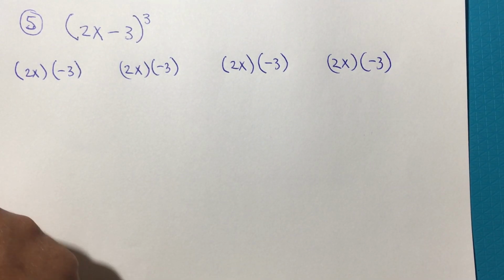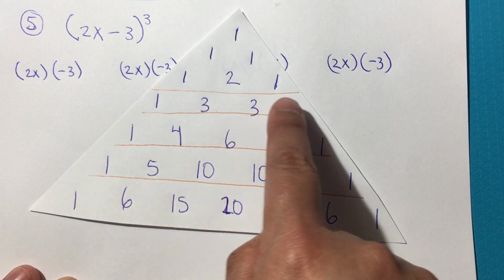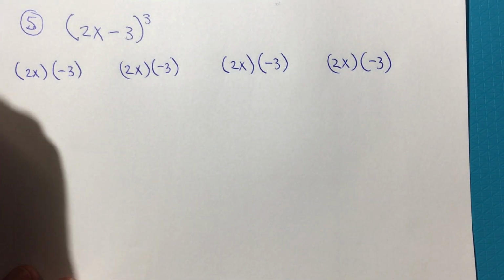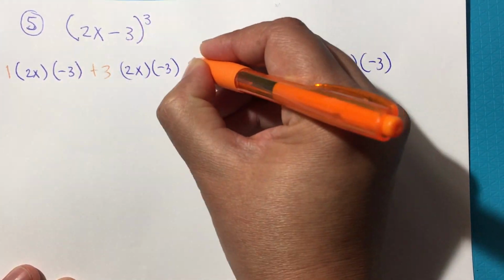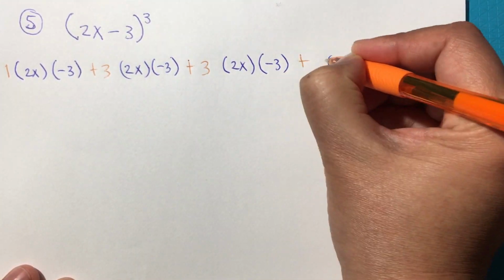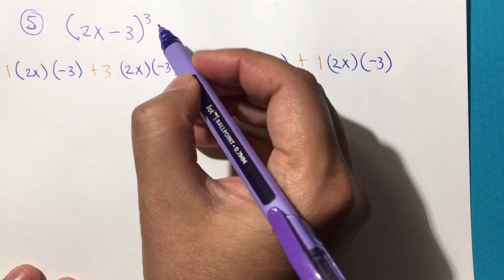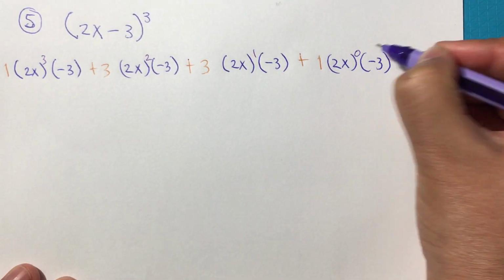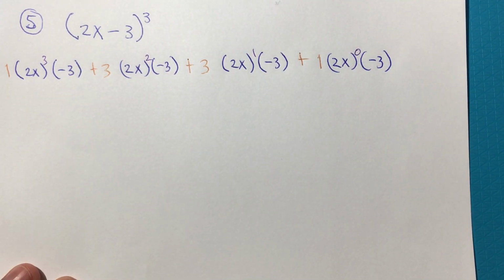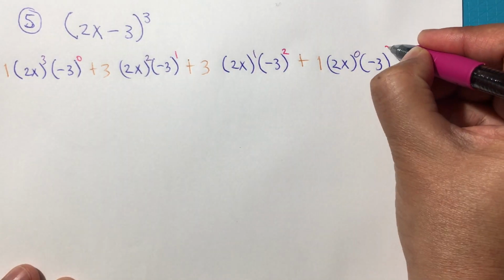And the coefficient, since it's a 3, is going to be 1, 3, 3, 1. For the exponents, the exponent is a 3, so 3, 2, 1, 0. And for the other one is 0, 1, 2, 3.